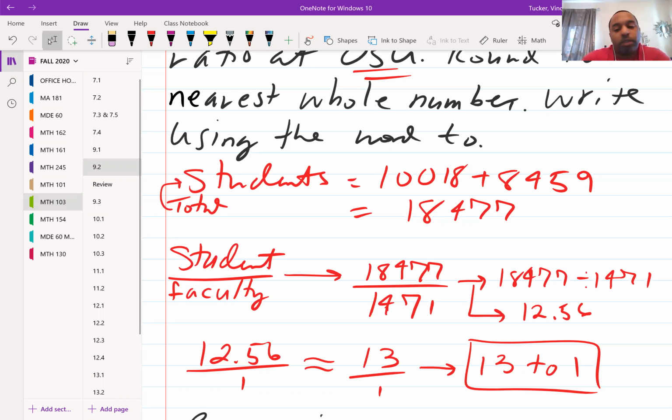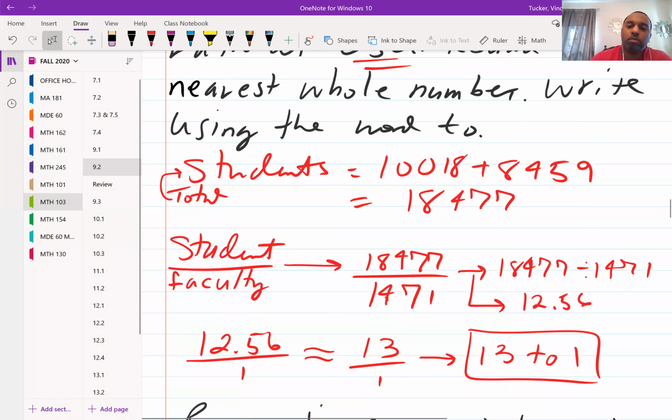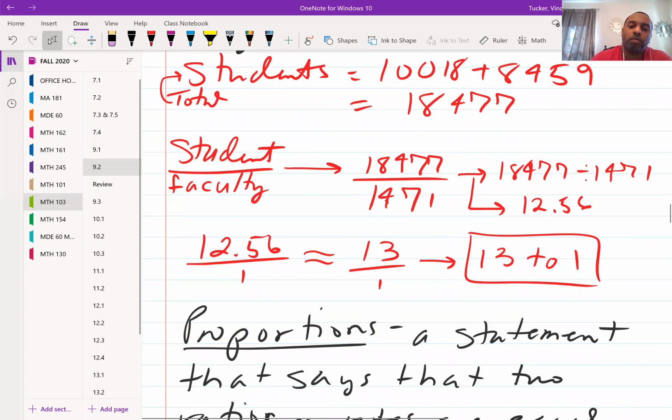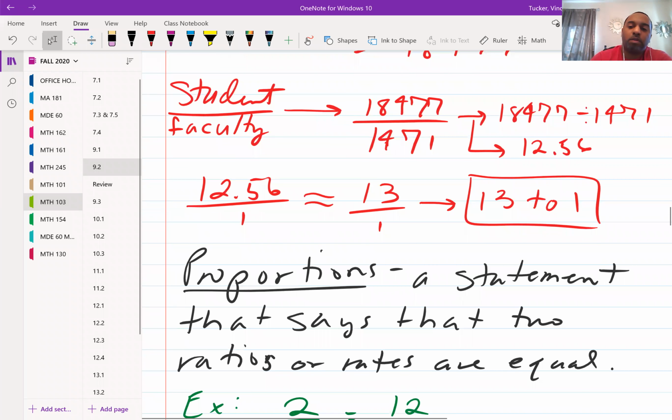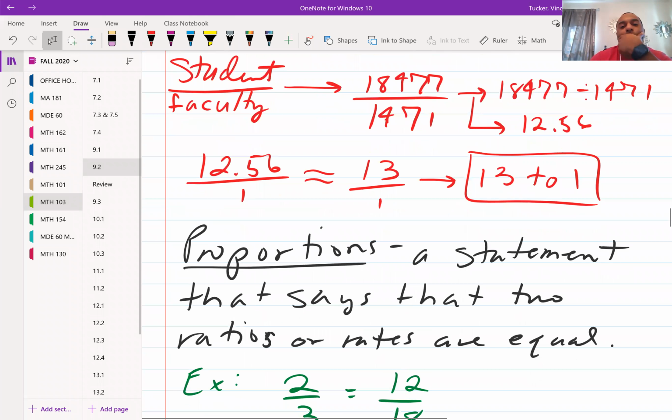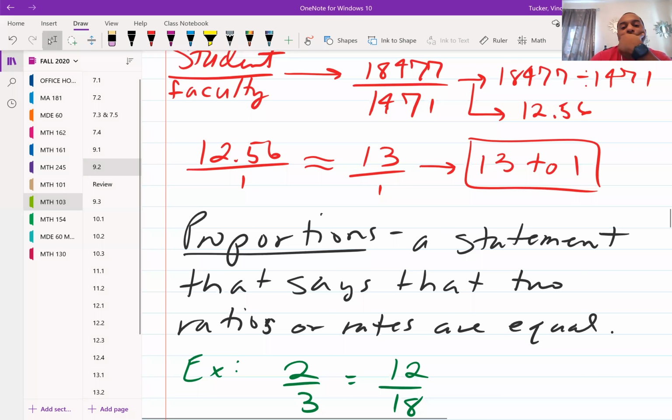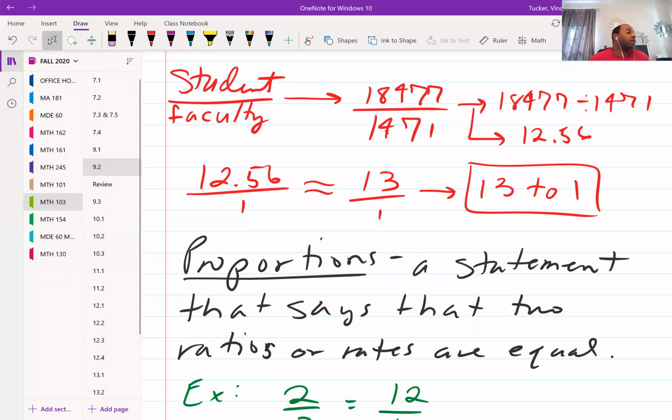All right, any questions? All right. Last thing in this section, proportions.